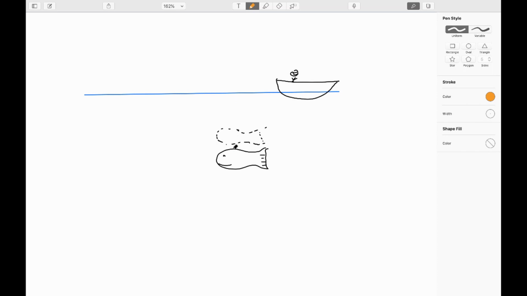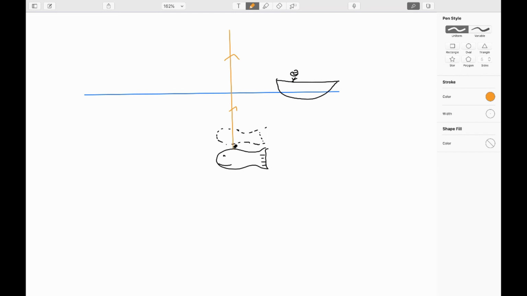Try that one more time. There we go. The angle of incidence is 0. In the case of the angle of incidence being 0, the angle of refraction is also 0. So that ray will continue to shoot straight out.